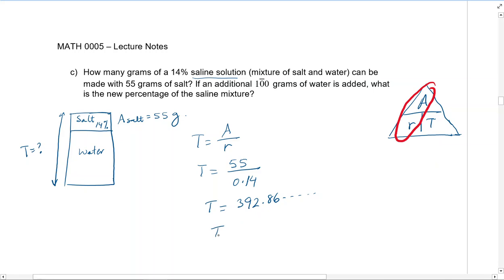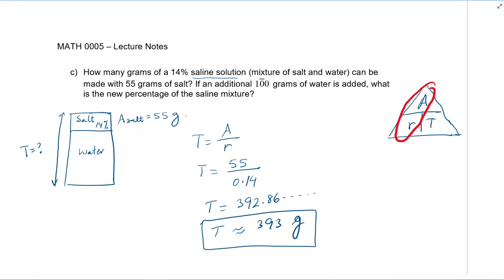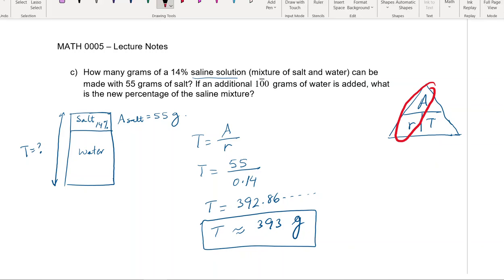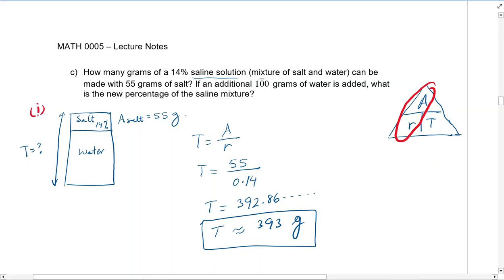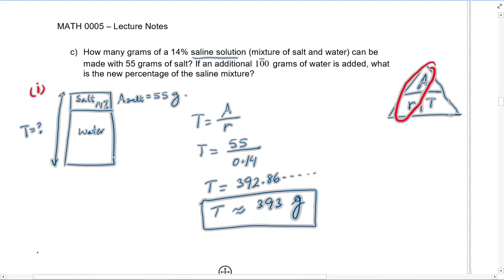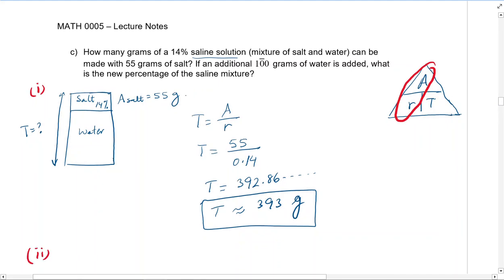So 392.86 can be rounded to 393, and always write units with your answer. So 393 grams is the total amount of solution. So that's the first part of the question. Let's take a look at the second part of the question.